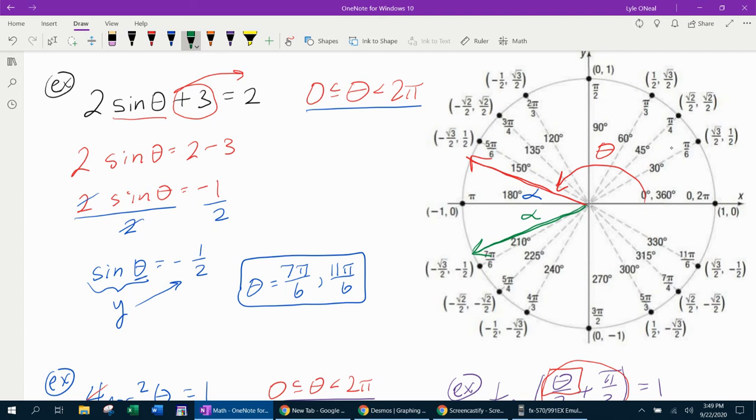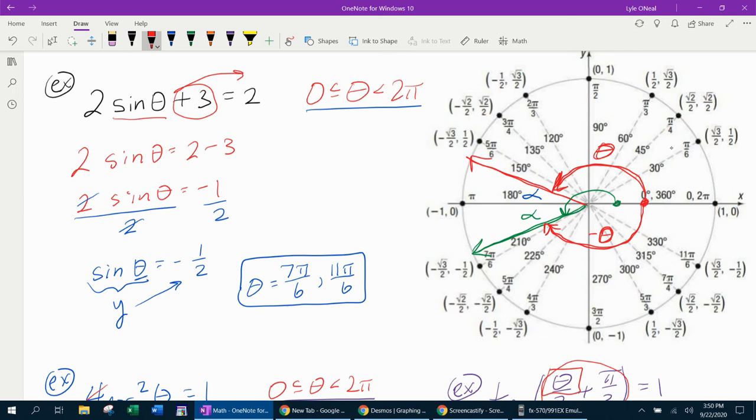Okay, so that angle is going to be from 0 around to here. So how are we going to calculate that? Okay, well, look at it this way. Think about this. Starting from 0 to that first angle is theta. What if I started at 0 and went clockwise? This right here would be the same angle but negative.